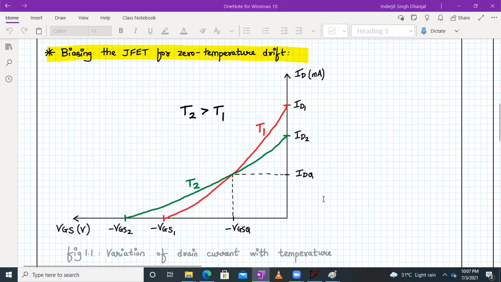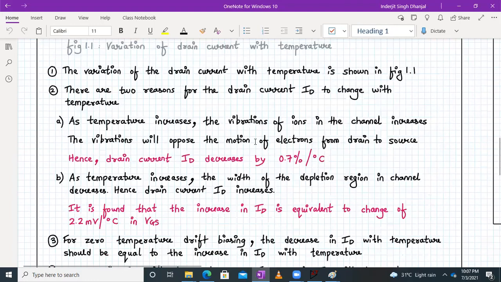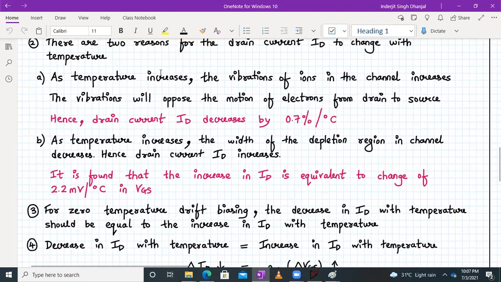Now let us see what the conditions are for zero temperature drift. There are two reasons for which the drain current changes with temperature. The first one is, as the temperature increases, the vibration of ions in the channel increases. These vibrations oppose the motion of electrons from drain to source. Hence the drain current decreases by 0.7% per degree Celsius.